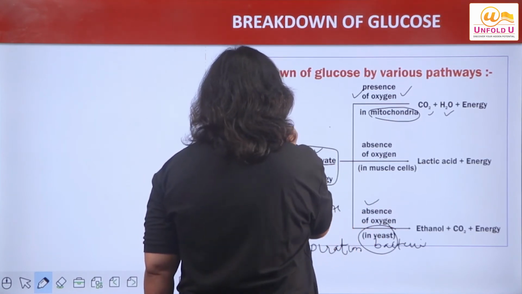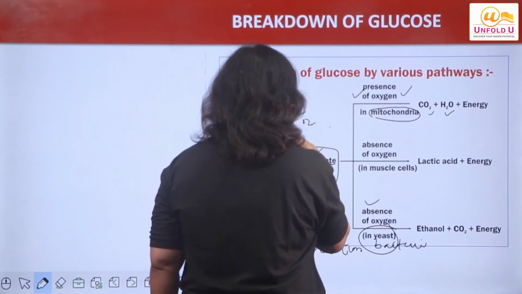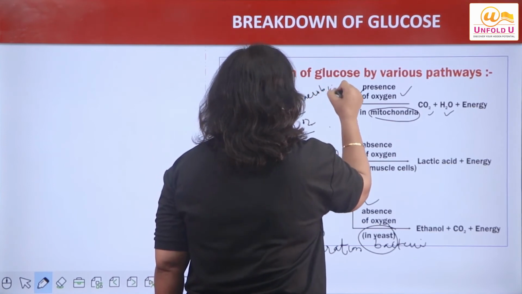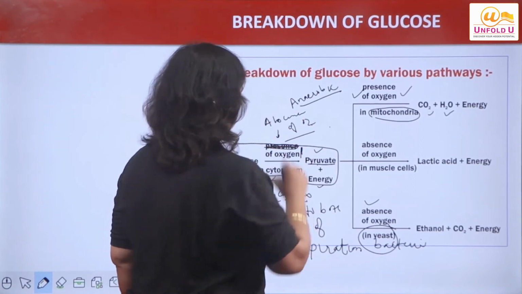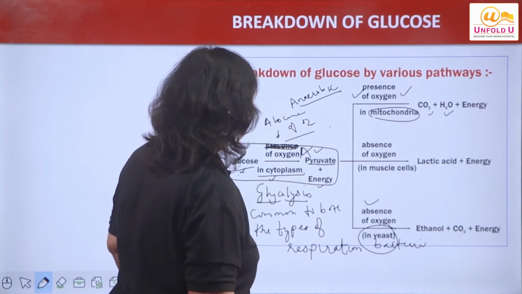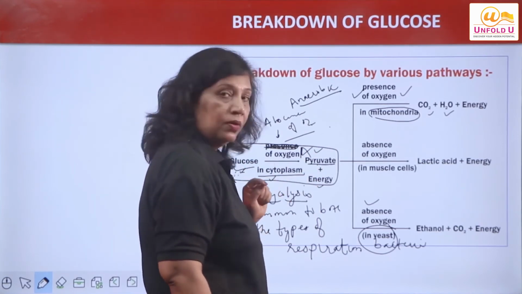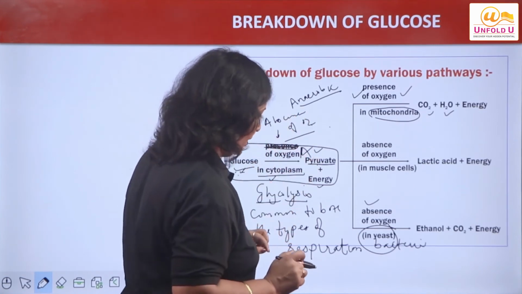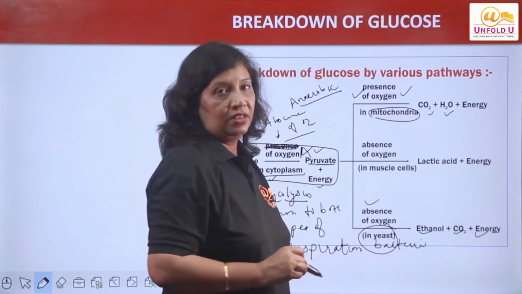Here also I will write absence of oxygen in case of anaerobic. अगर ये एनारोबिक रेस्पिरेशन का केस है तो यहाँ पे एब्सेंस ऑफ ऑक्सीजन में चलेगा ये रिएक्शन। सो ग्लूकोज विल ब्रेक डाउन इनटू पाइरुवेट। कहाँ पे होगा? साइटोप्लाज्म में। कैसे होगा? एब्सेंस ऑफ ऑक्सीजन में। क्या बनाएगा? इथेनॉल, कार्बन डाइऑक्साइड एंड एनर्जी, राइट?